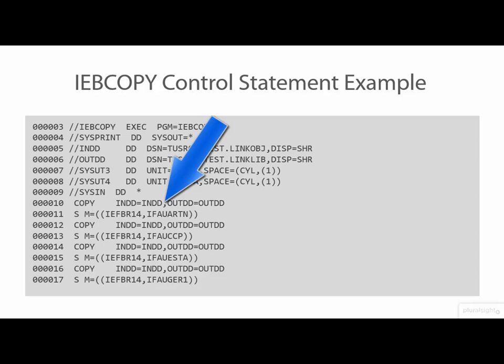And the second entry indicates that we are renaming it and the value we are renaming it to. So as a result, we will do a copy of a module called IEFBR14, and we will rename it to IFAUARTN. And we will do the same thing with all of the other entries that we have defined down below that.